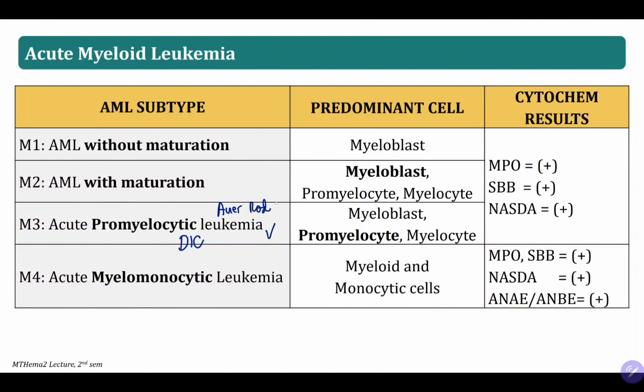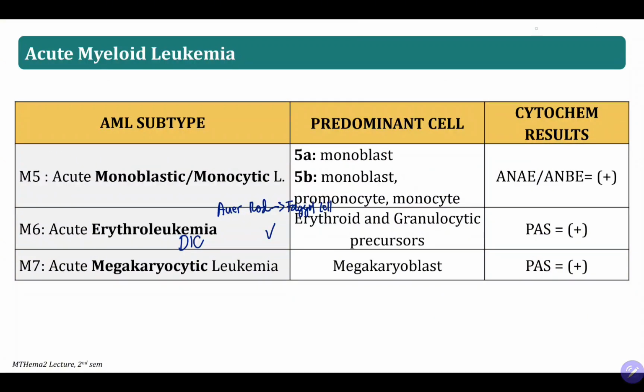And then, yung faggot cell, which is the bundles of Auer rods, associated din siya kay APL. Okay? Ayan. And then the other names of your other subtypes, such as your M5. Your M5 is also known as your Schilling's leukemia. And then si M6 siya si Di Guglielmo's syndrome. Okay, tatandaan yung mga yan.